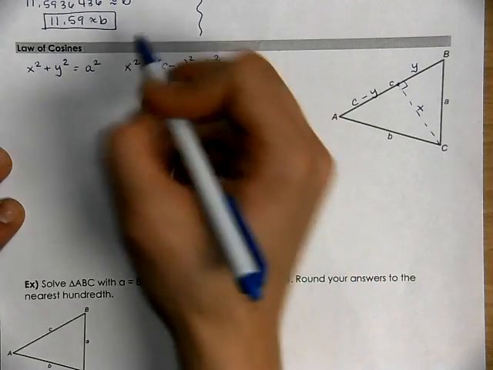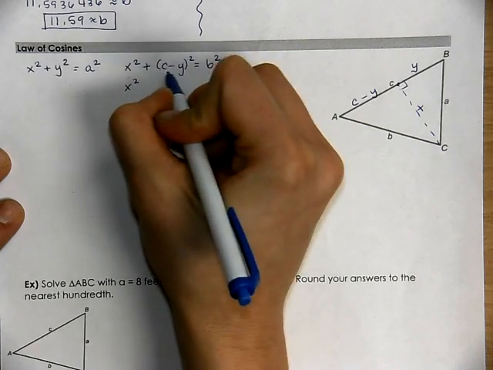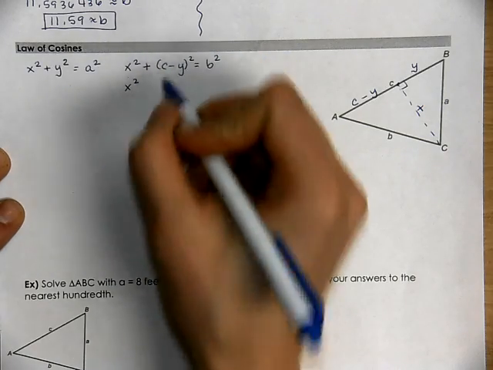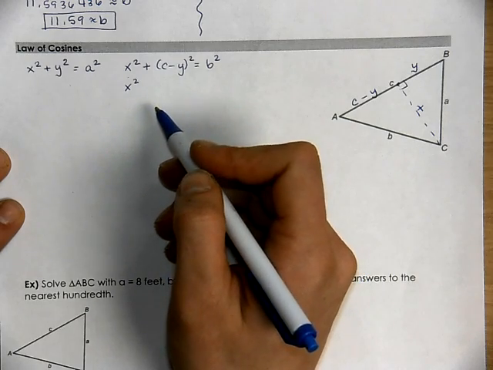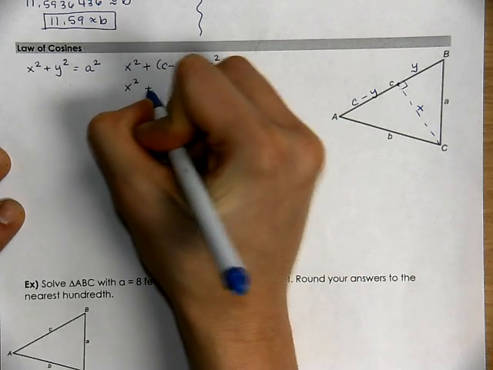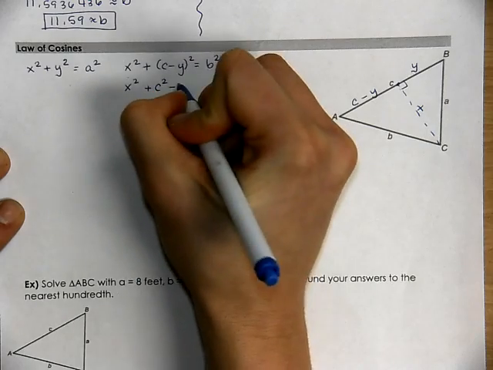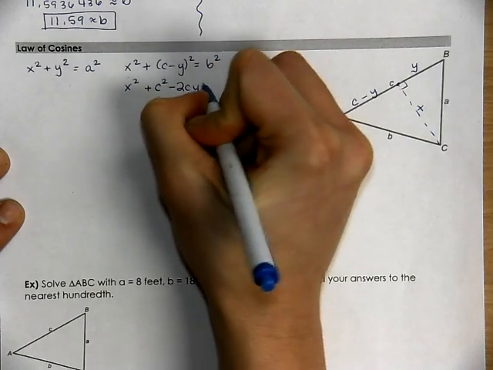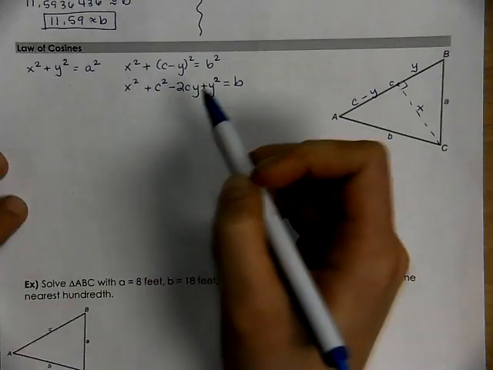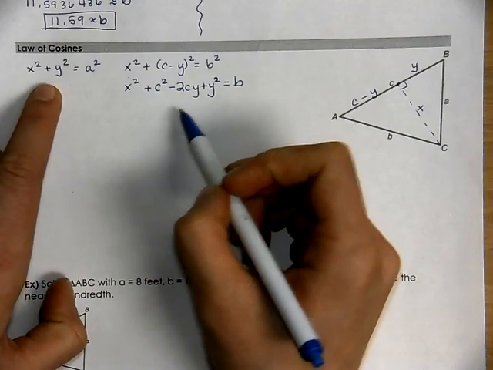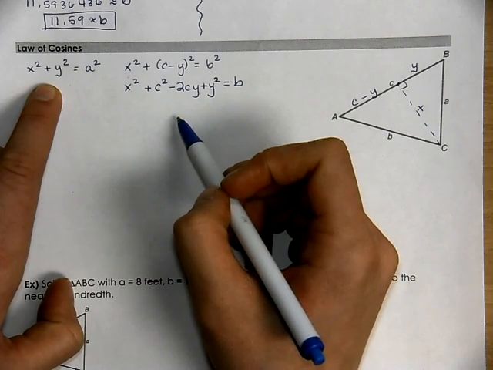Now if I multiply this out, I get x squared. Realize that (c minus y) squared is not c squared minus y squared, it's (c minus y) times (c minus y). And if you use the distributive property and multiply that out, we get plus c squared minus 2cy plus y squared equals b squared. What I'm going to do with both of these equations now is solve them both for x squared.